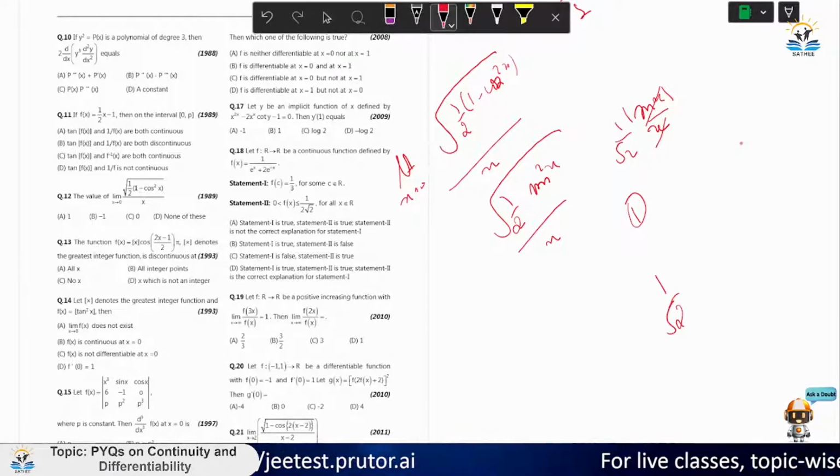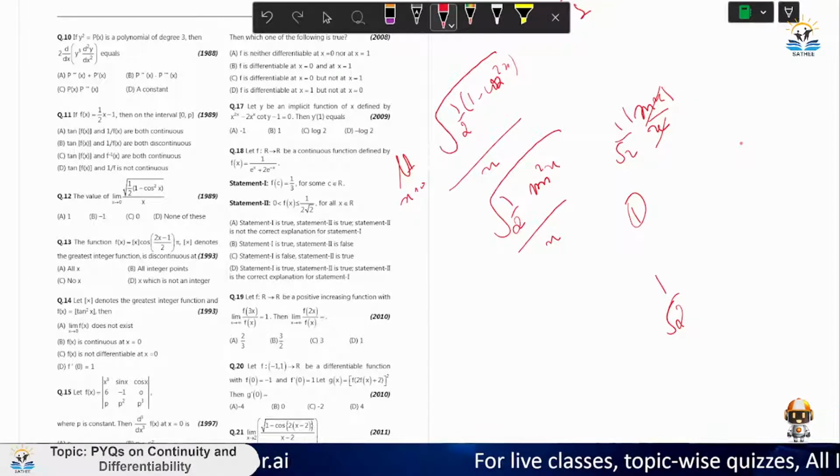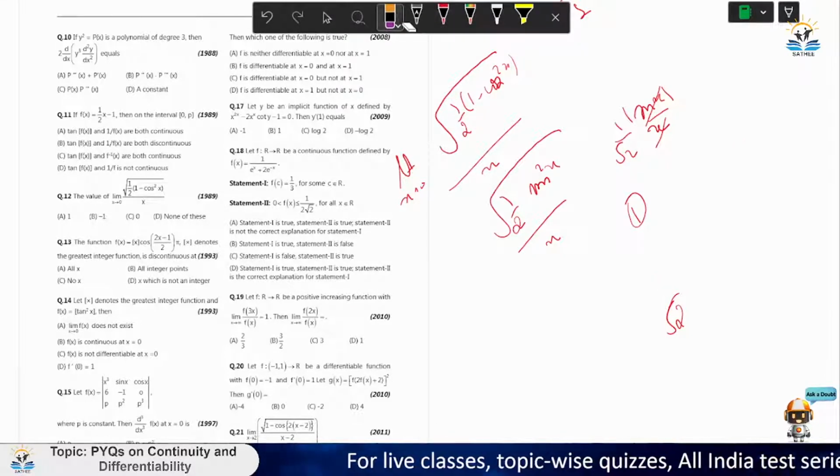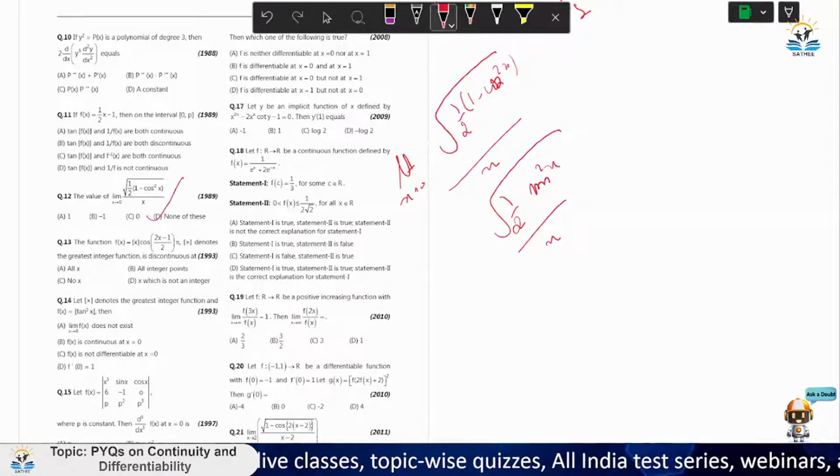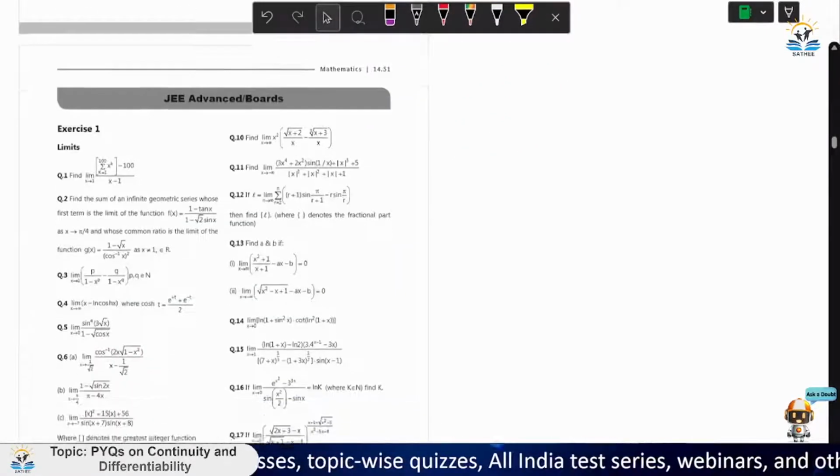So I'll write it as it is, and 1 minus cos square differentiation is sin square x. So root of sin square x is mod x, so cos x must not see, but I don't know what am I going wrong with this. It is none of these. Is the answer D? Don't tell me it's D. Let's check. 12th answer is D.